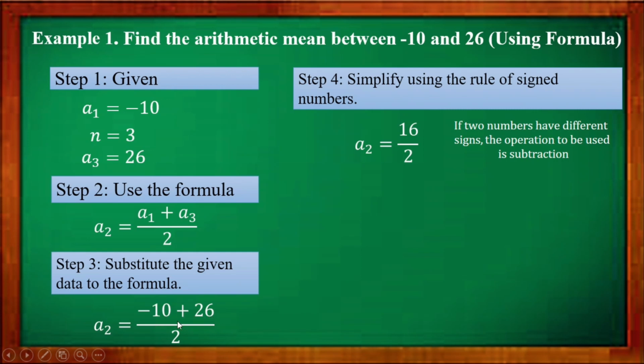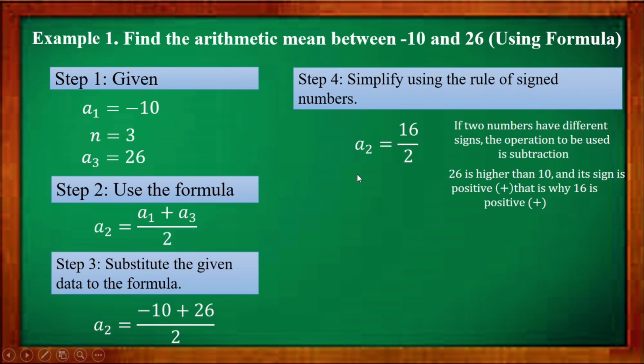So as you can see here, we have negative 10 and positive 26. So it is obvious that they have different signs, which are positive and negative. And based on the rule of sign, if two numbers have different signs, then we are going to subtract. So 26 minus 10 is 16. And 26 is higher than 10 and its sign is positive.